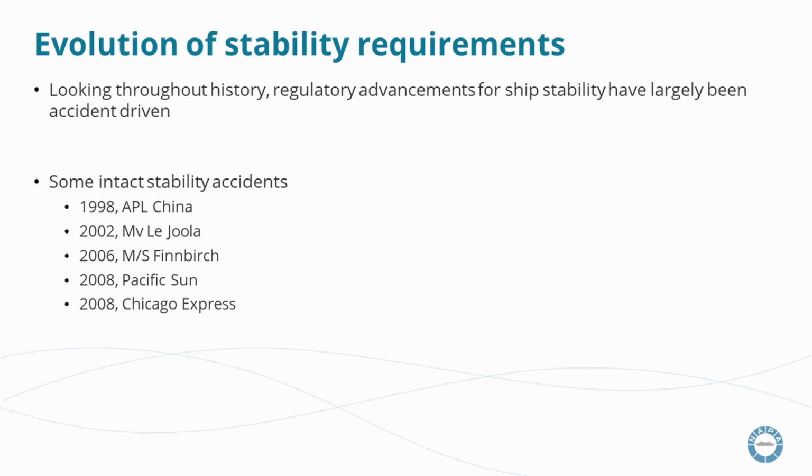This is done, for example, through research or other activities where potential accidents are anticipated and safeguards for these are constructed in advance. Below, you can see a list of a few intact stability accidents in recent history, but also on the damage stability side we have famous accidents that have driven stability legislation forward, like the Estonia or Titanic.